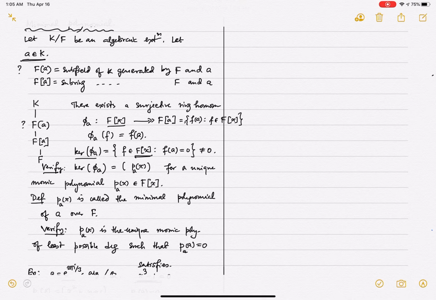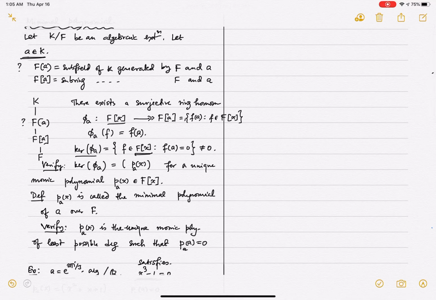So now what you have is a surjective homomorphism from F[x] to F[A], called phi A, and the kernel is generated by this polynomial P sub A. And P sub A is non-zero, you see, because this ideal is non-zero.